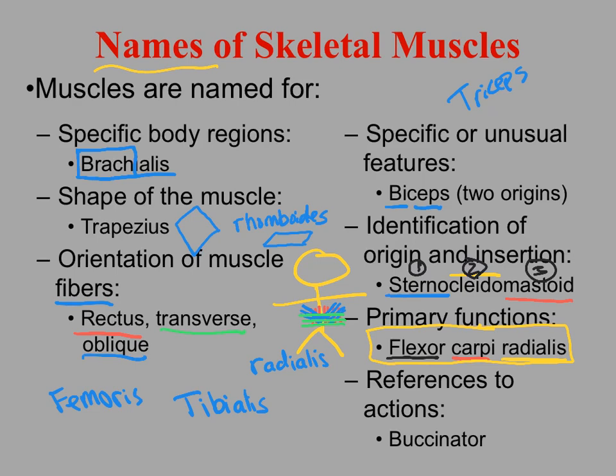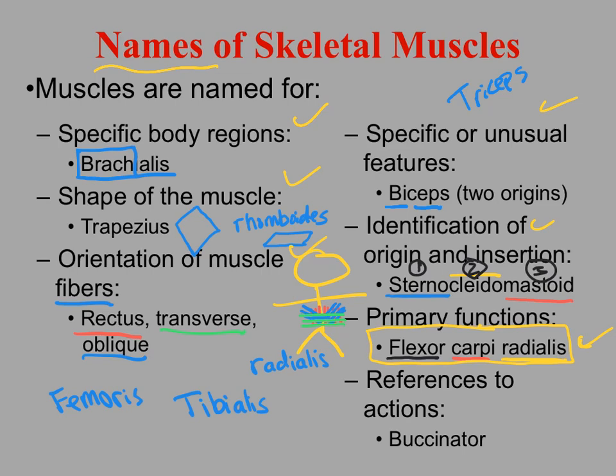Usually you're going to see a combination of each of these methods used to name muscles. I encourage you to understand the names of muscles, not just memorize them without understanding what the words mean, because when you understand what the words mean, there's a lot of information in the name of that muscle.